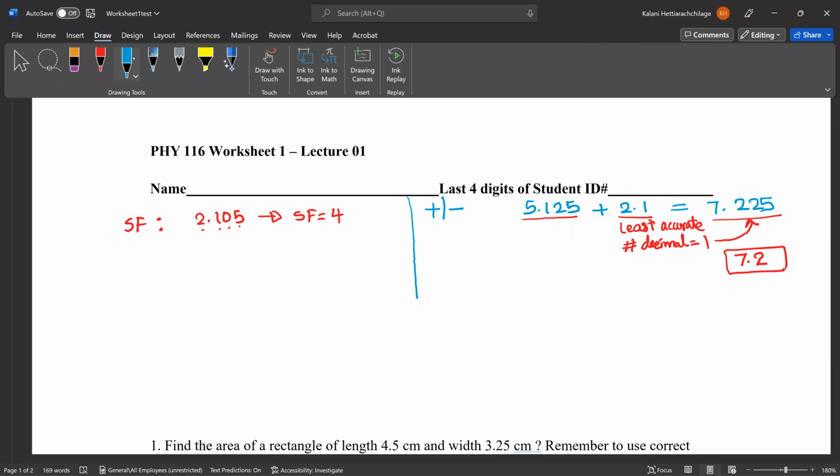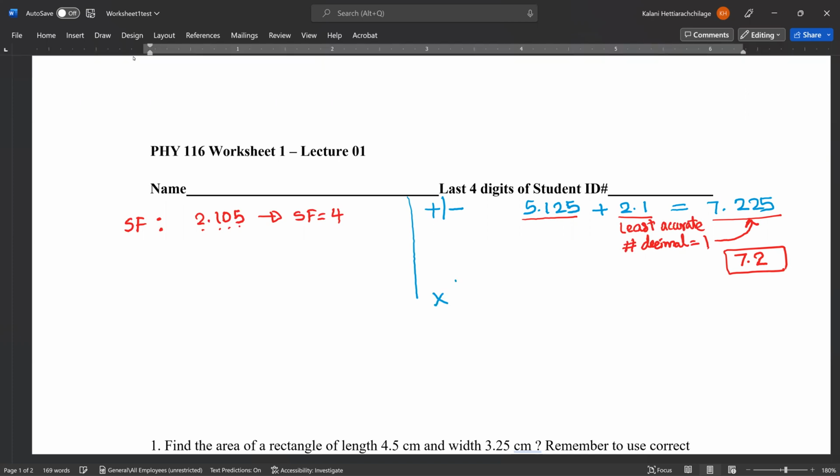Similarly, we have the multiplication and division rule. Again, it doesn't matter whether it is multiplication or division, follow the same rule. Let's say I have to multiply 2.000 by 5.3. I use an easy one because I don't want to use the calculator. I can do the calculation easily.